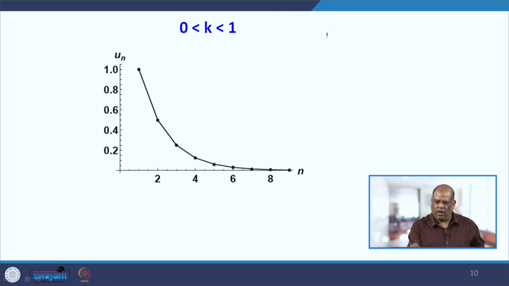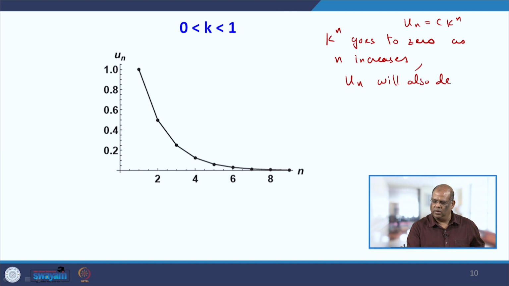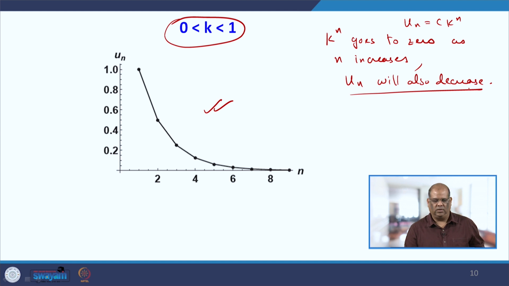Because you have the solution un equal to c times k to the power n, k to the power n goes to 0 as n increases, and as such your un will also decrease and goes to 0. So, if your value of k lies between 0 and 1, you will get a curve like this, and the conclusion from the curve is as your n increases, your un decreases.